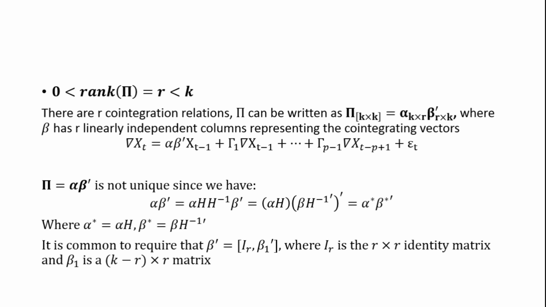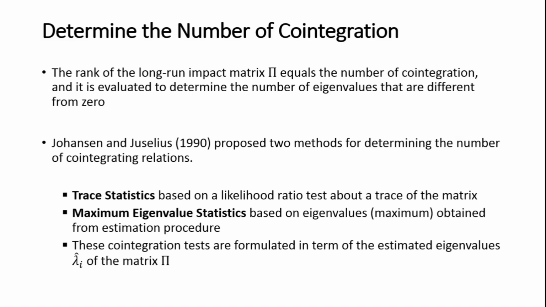You can notice that the product alpha beta is not unique. But how do we determine the number of cointegration relationships? The rank of the long-run impact matrix P equals the number of cointegration relationships, and it is evaluated by determining the number of eigenvalues that are different from 0.